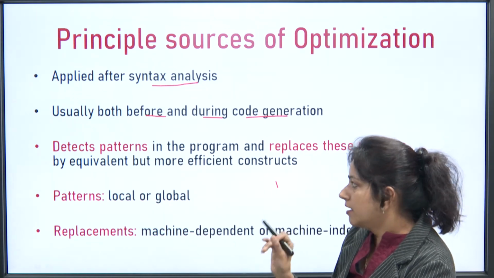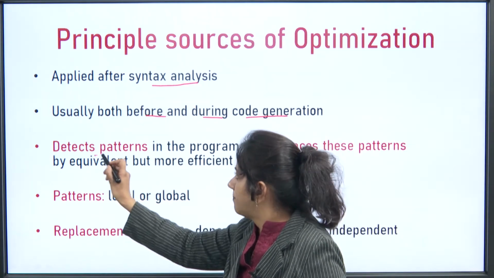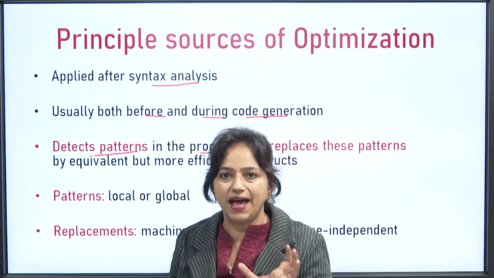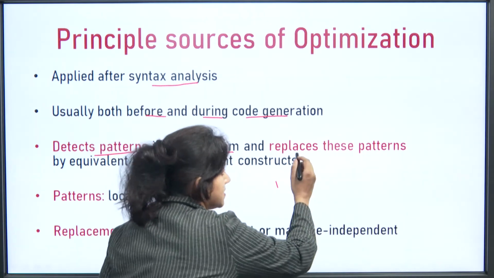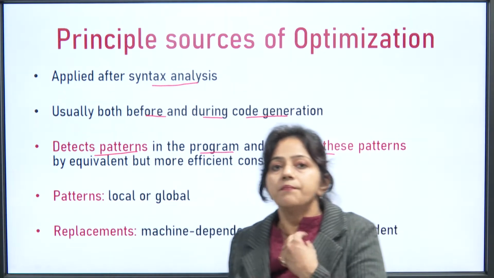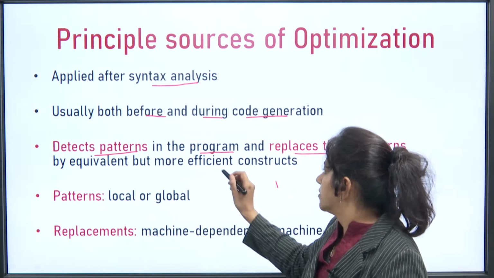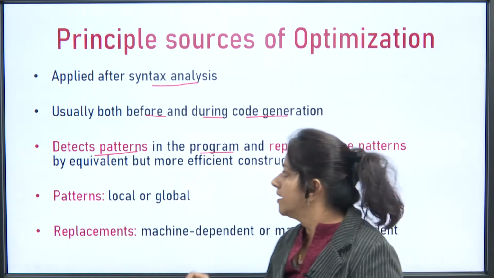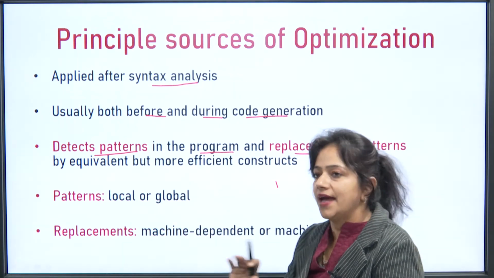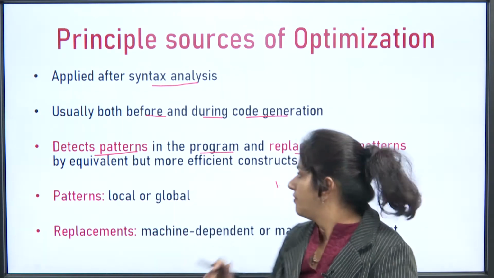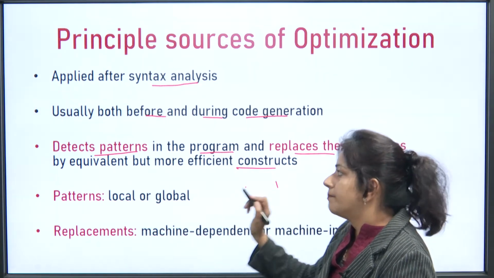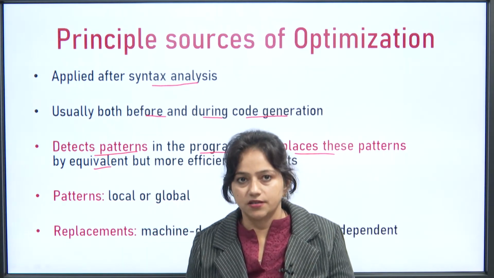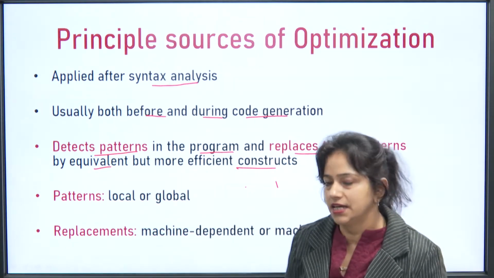In this technique, we detect the pattern in the program, and then we replace these patterns with an equivalent version, or a version that is efficient in terms of the constructs used in it. But they should be equivalent in nature in terms of computation. And the pattern, what is the criteria for the pattern?